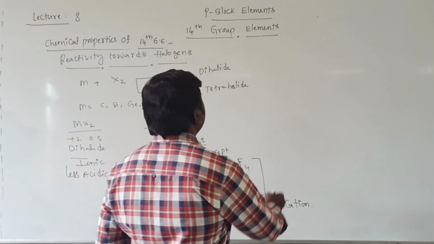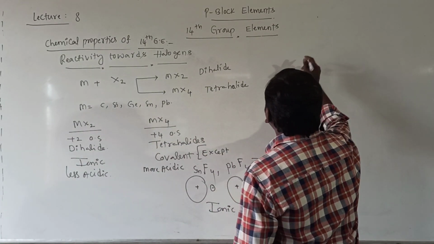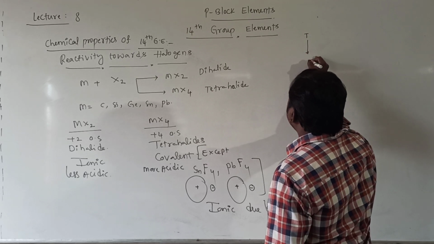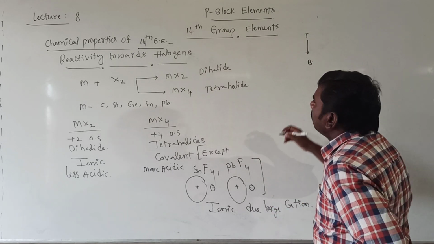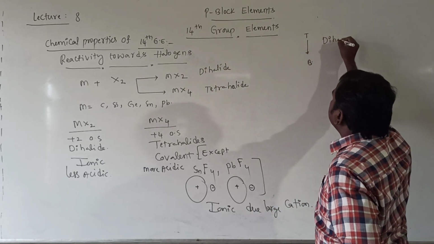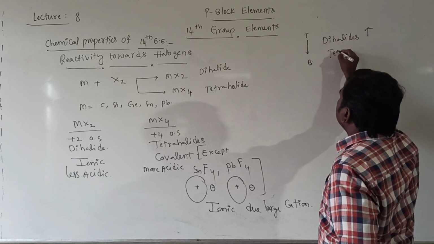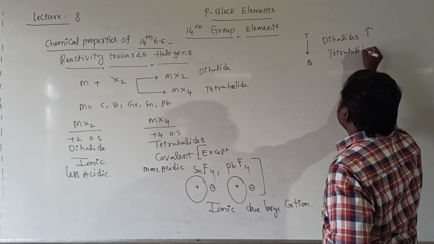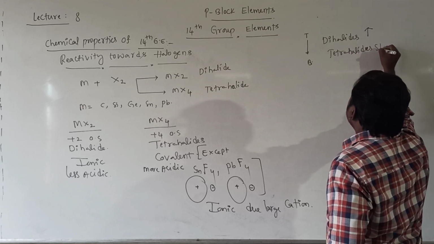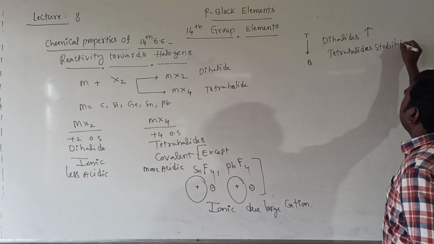PbI4 is not here. Top to bottom, dihalide stability increases and tetrahalide stability decreases.